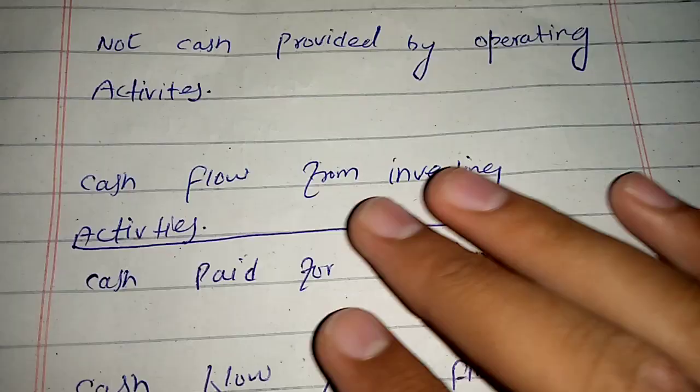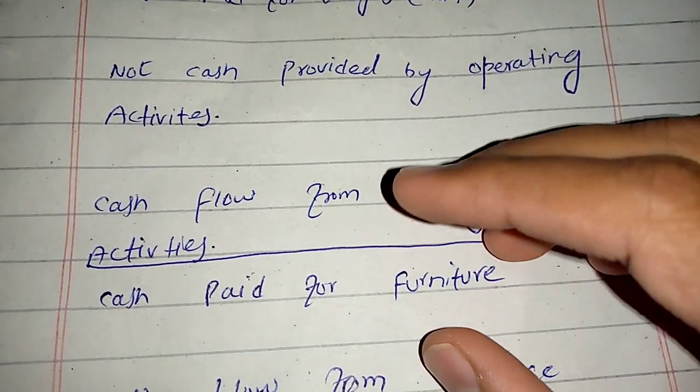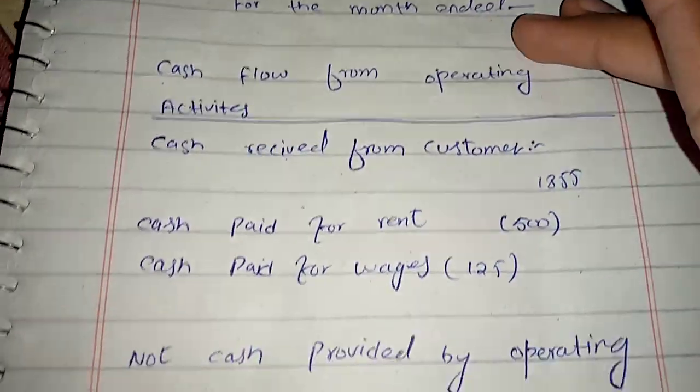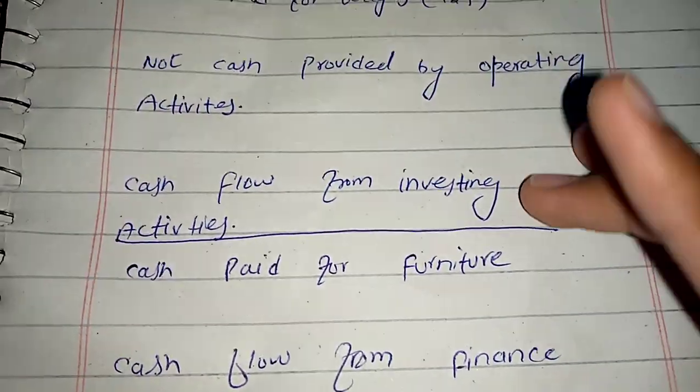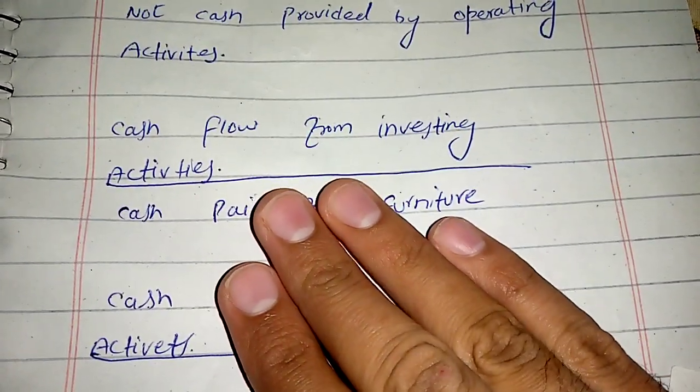So after that, cash flow from investing, which means that we are making a cash flow diagram. We have to keep in mind all these things, and after that we also have to keep in mind cash flow from investing activities.